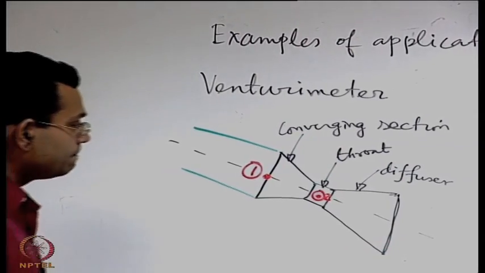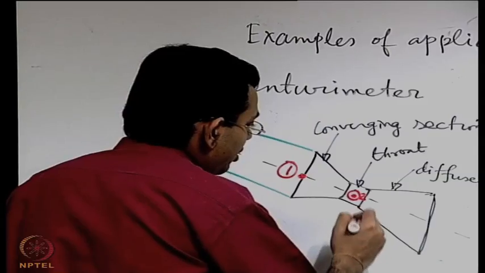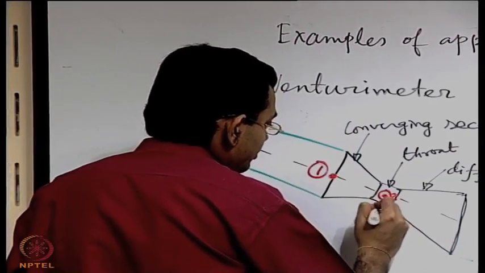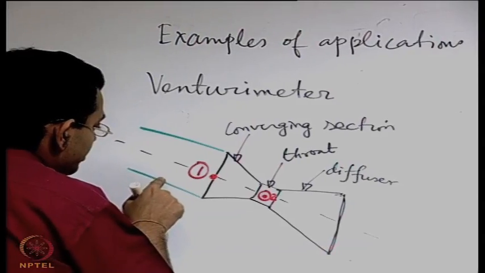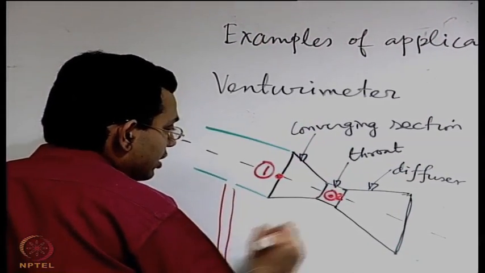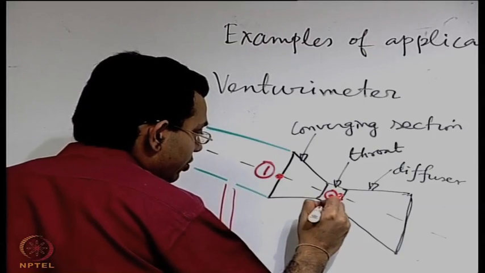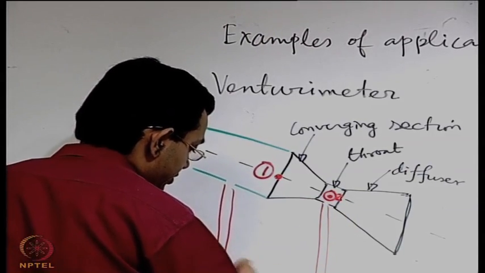How we do that? Now let us say that you make a tapping of a manometer. That means, let us say that you consider a hole in the pipeline and a hole here, and connecting that with a manometer.